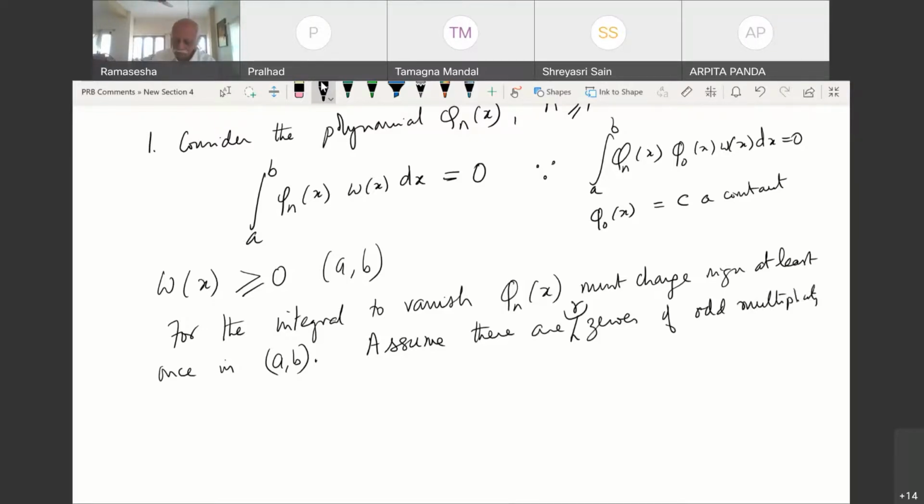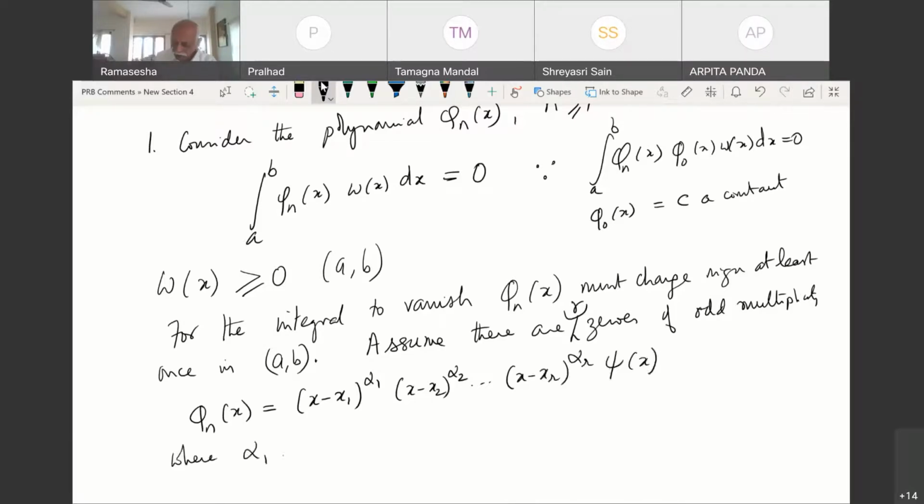That is, Pn of x, I can write it as x minus x1 to the alpha 1, x minus x2 to the alpha 2, up to x minus xr to the alpha r, times psi. Here I'm using alpha as the general coefficients or general index, so don't get confused with what I have done earlier. Alpha 1, alpha 2, alpha r are all odd.